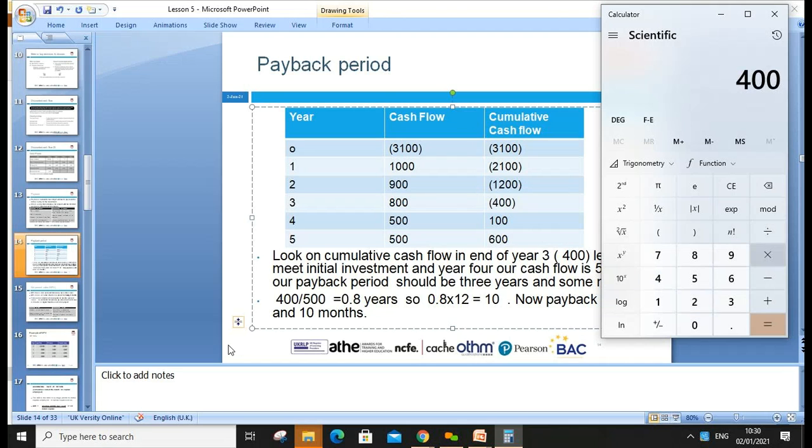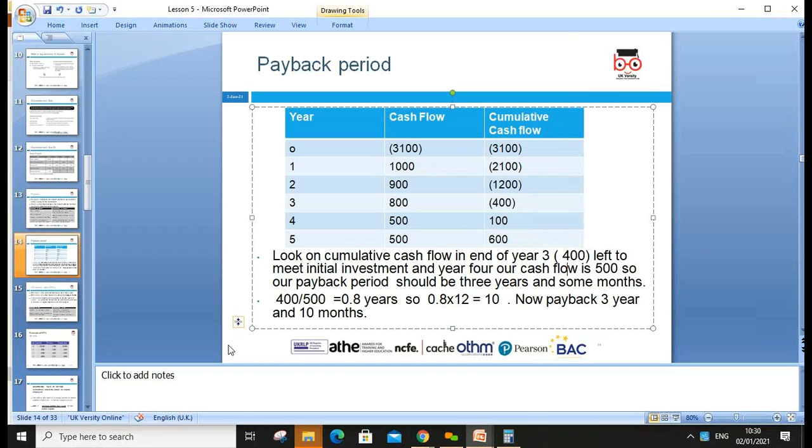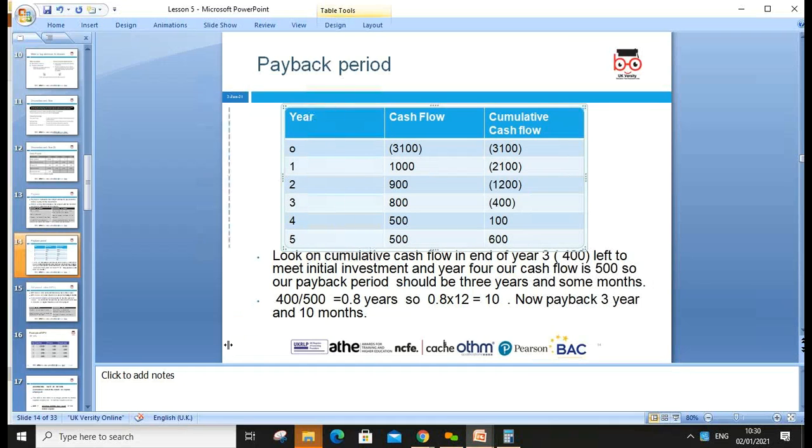So the outstanding amount 400 divided by year 4's 500, times by 12 months in a year, gives 9.6. So this project will take 3 years and 10 months. If another project B takes 2 years, we'll go for B, not for A. That's the way we calculate payback period.